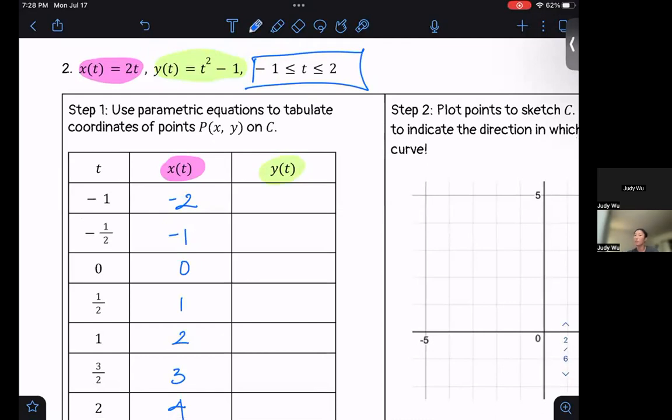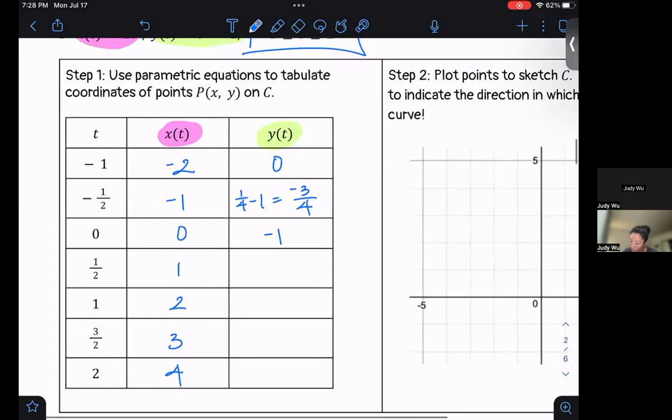-1 squared is 1. 1 minus 1 gives us 0. -1/2 squared, that's going to give me 1/4 minus 1, which is 3/4. Or sorry, -3/4. Okay, I plug in 0, I get -1. I plug in 1/2, again, I get 1/4 minus 1, which is -3/4.